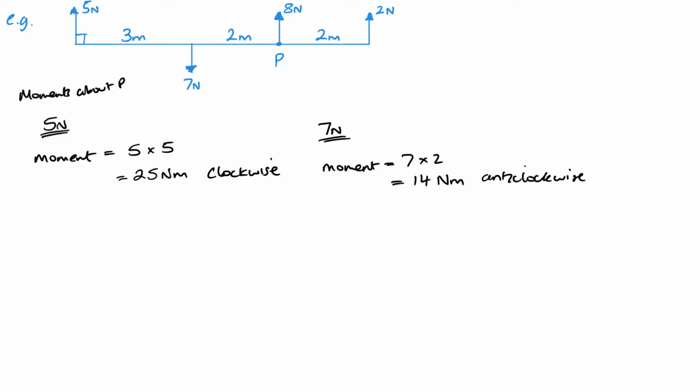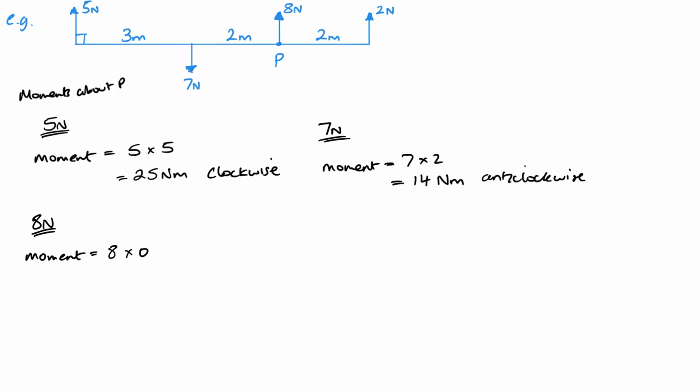Now, I've got my 8 Newton force. Again, I'll write this all the way down. I do often skip these ones because you can see it has a perpendicular distance of 0.